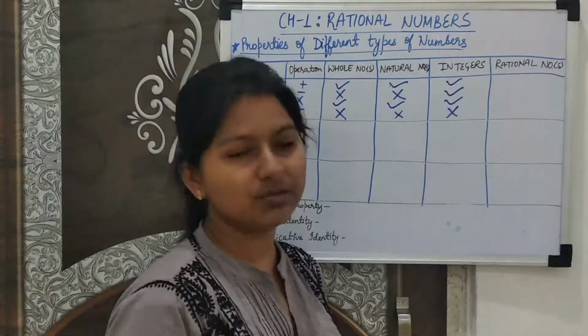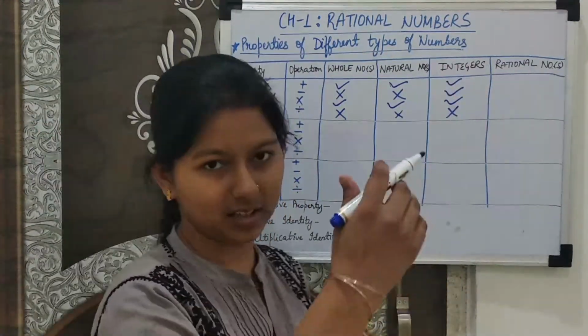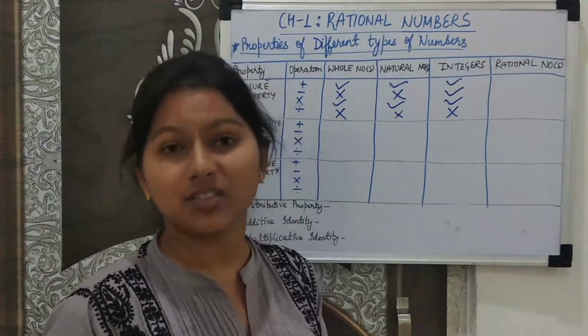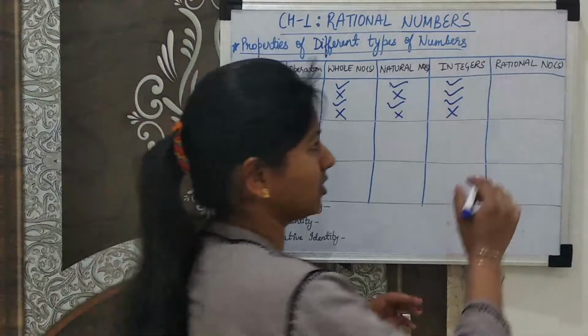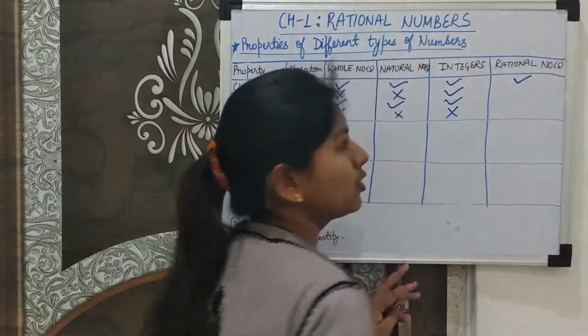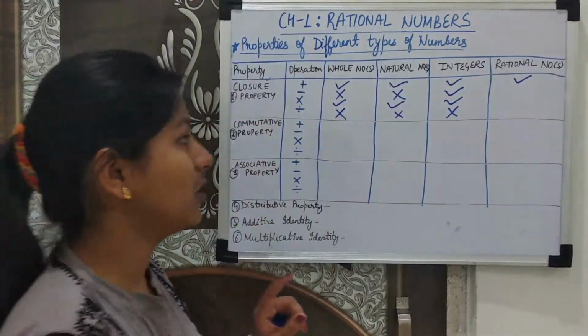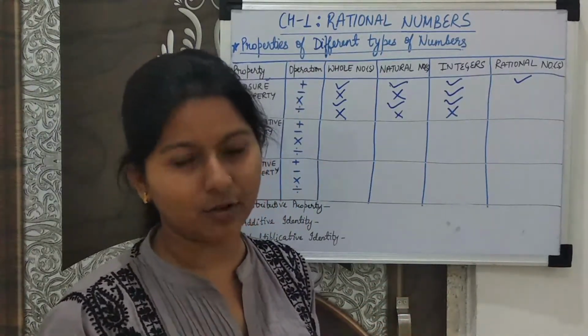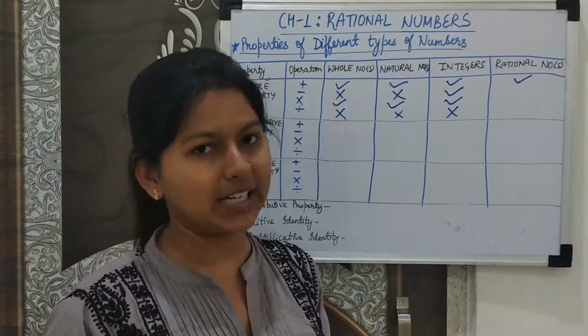For rational numbers we will check; they are in the form of p by q. When you add any two rational numbers, the result is a rational number, so it is closed under addition. For subtraction, since rational numbers can be negative also, if the answer is negative, no problem.